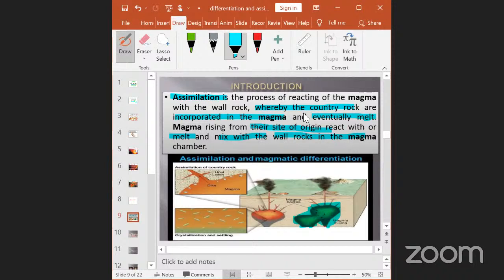For this process to become an efficient mechanism of differentiation, a relatively large amount of the country rock has to be assimilated by the magma, or the composition of these country rocks has to be drastically different from that of the magma. So this process is called assimilation, right?